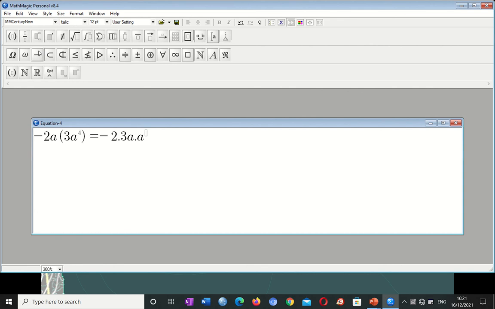For here I have minus 2 multiplied by 3, that's minus 6, okay? And here I have a to the power 1 plus 4. And that's equal to minus 6a to the power 5. Any questions here?